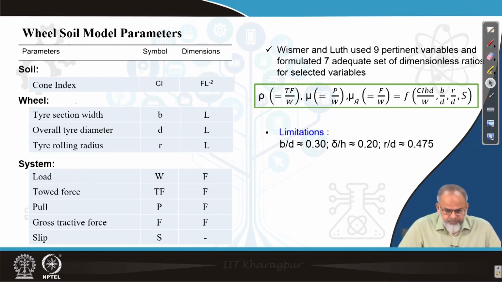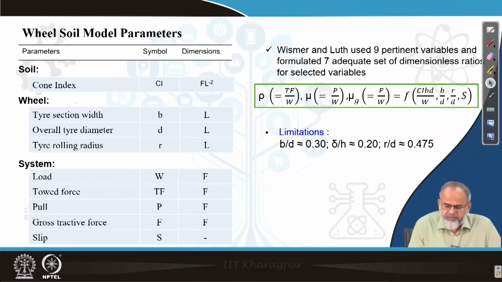One is your towing force upon W, pull upon W, tractive force upon W. So I have indicated here rho as towing force upon W, mu as coefficient of traction, which is nothing but P upon W, and mu G is the ratio of thrust upon W, tractive force upon W. They are functions of cone index, of the tire parameters, and of wheel slip.